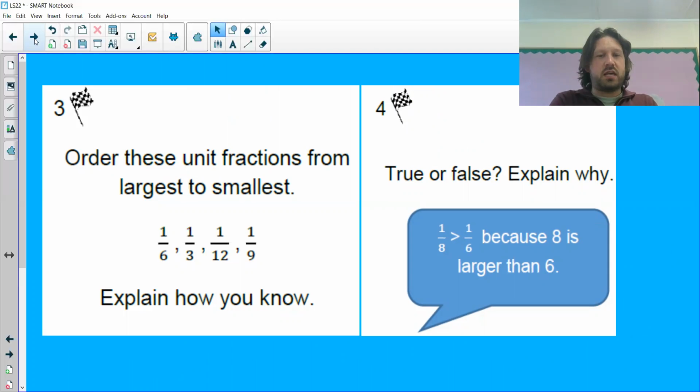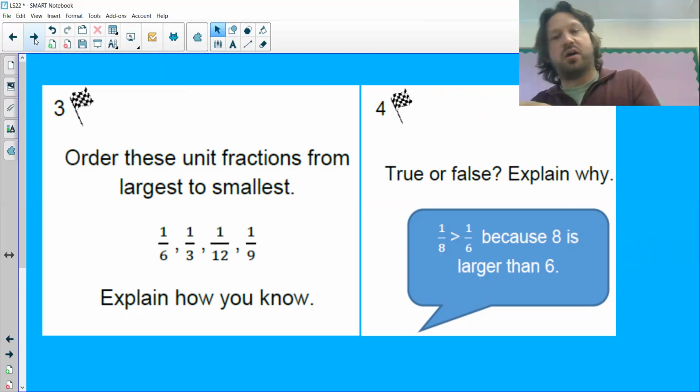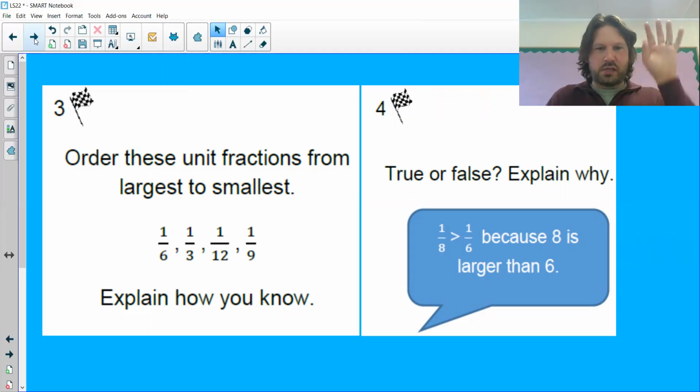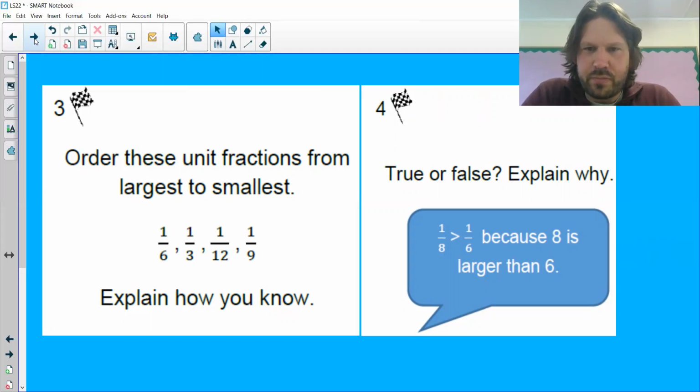And you split one cake into 6 slices, and one cake into 3 slices, one cake into 12 slices, one cake into 9 slices. Which cake slice will be the biggest? It will be 1/3. Which is a bit strange because you're actually picking the smallest denominator, but it's the largest fraction. Okay, so have a go at that question, and you can order them on your page.